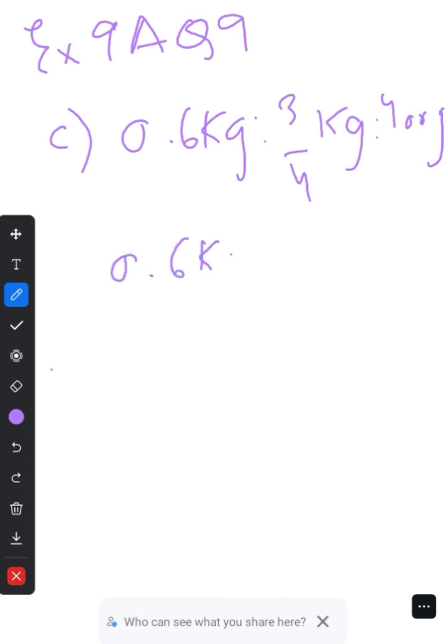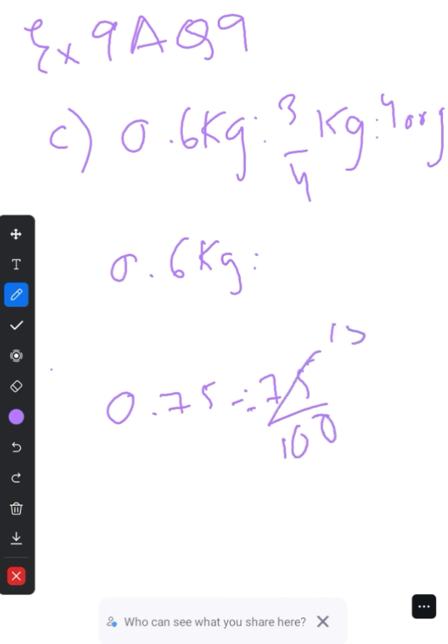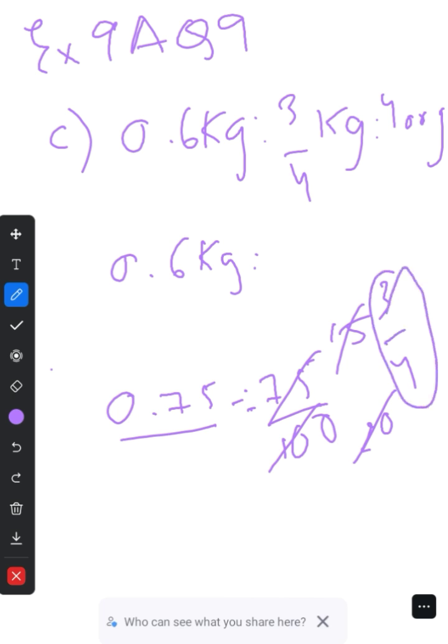So I will write 0.6 kg ratio 3 upon 4 kg, that was 0.75. Doing the working also for you all here. 0.75 is 75 upon 100, and 5 multiplied by 15 is 75, 5 multiplied by 20 is 100. 5 multiplied by 3 and 5 multiplied by 4. This is how 3 upon 4 is the same as 0.75.